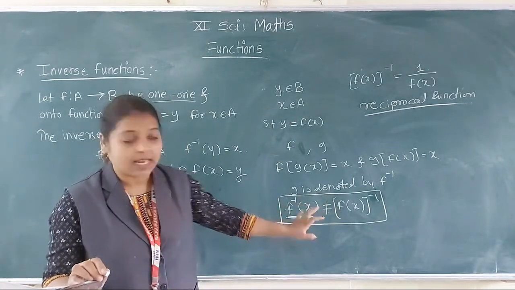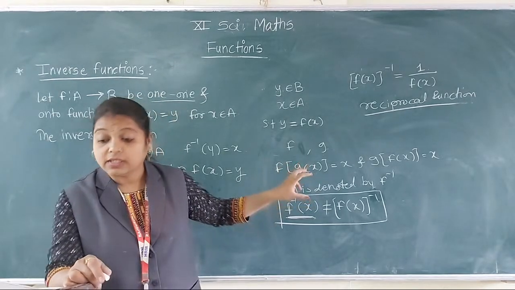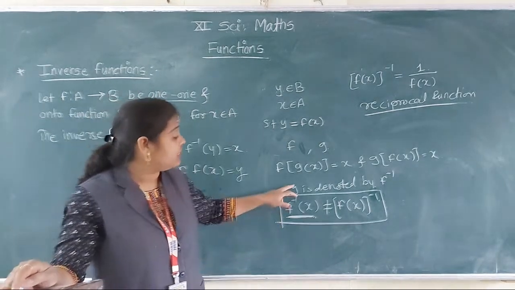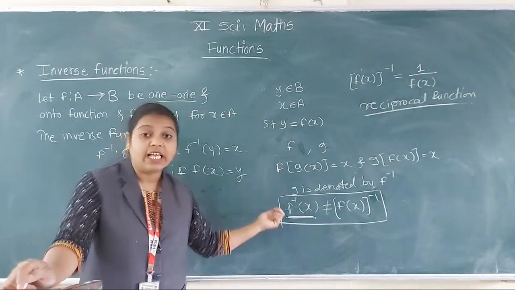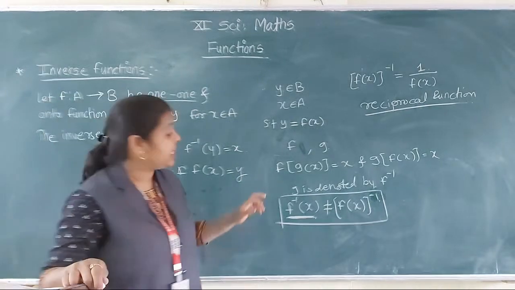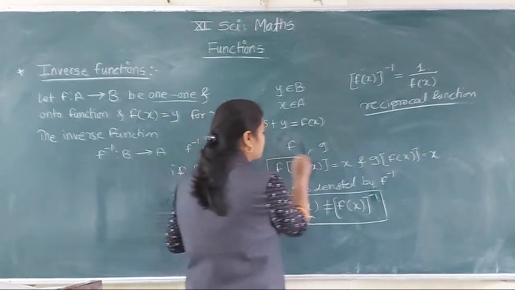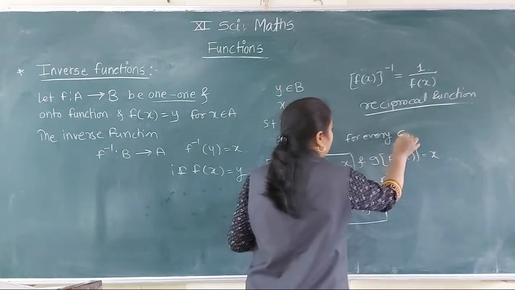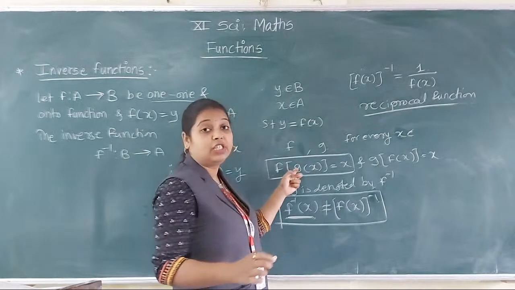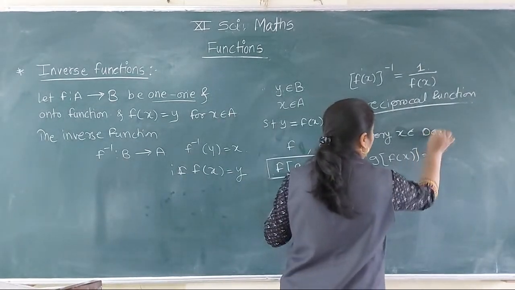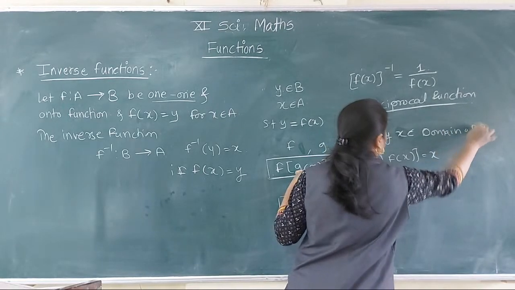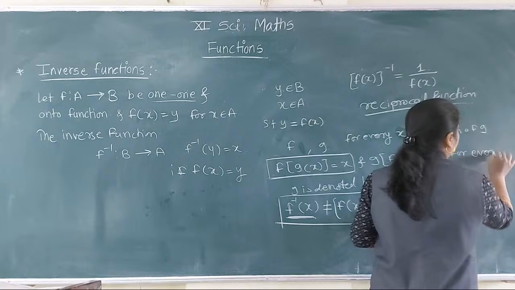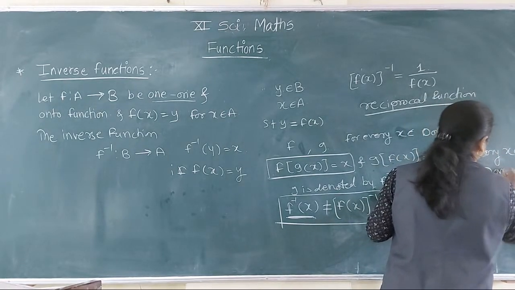हे दोन्हीही सेम नाही. आणि आपल्याला जर चेक करायचं असेल तर ते फंक्शन एकमेकांचे इनव्हर्स आहेत का, then g is denoted by f inverse. मग g ला काय म्हणायचं, f चा इनव्हर्स म्हणायचं. आणि तिथे काय म्हटलंय, for every x if f of g of x is equal to x for every x belongs to domain of g, आणि g of f of x is equal to x for every x belongs to domain of f.